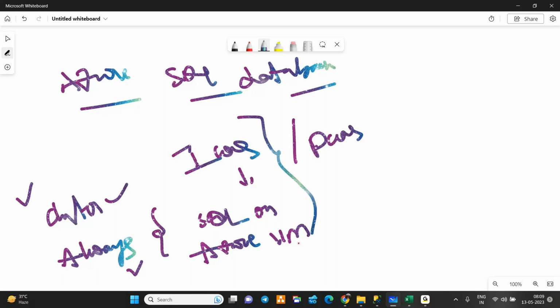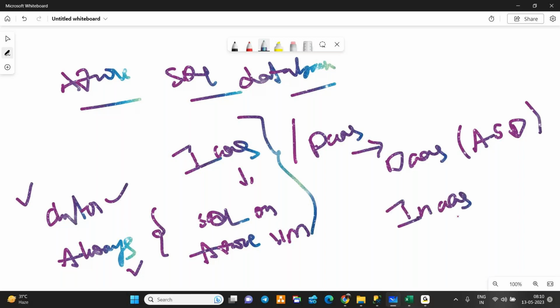Especially when you go to the PaaS platform, PaaS, platform as a service, means you don't have any control on the operating system. When you go to the PaaS platform, we have different deployments: database as a service, which is Azure SQL database, and instance as a service, that is nothing but MI, managed instance.